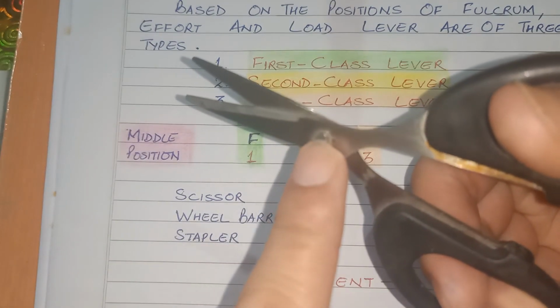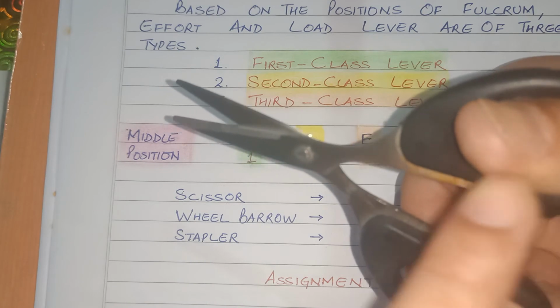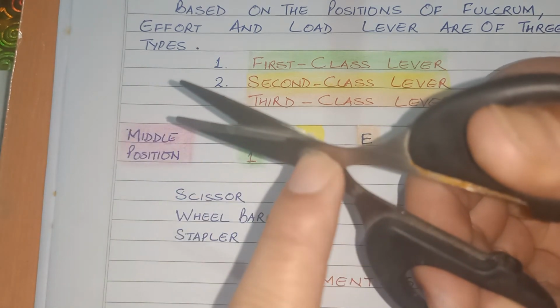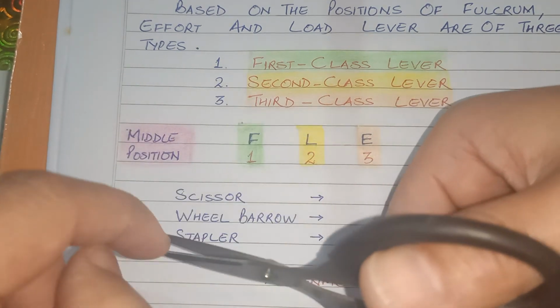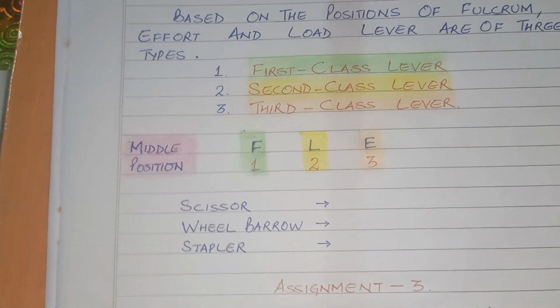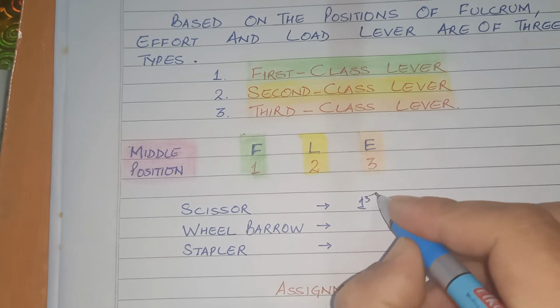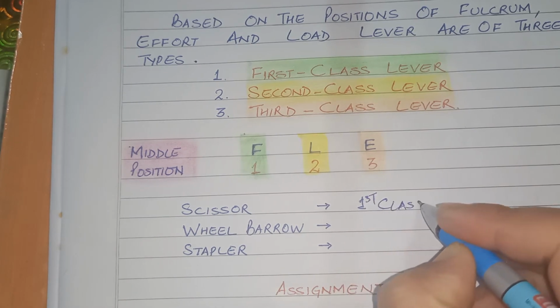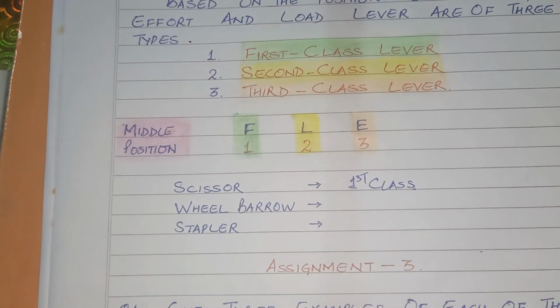So this is fulcrum, here we are applying effort, here is load. So fulcrum in the middle first, so this is first class lever. So scissor is first class lever.